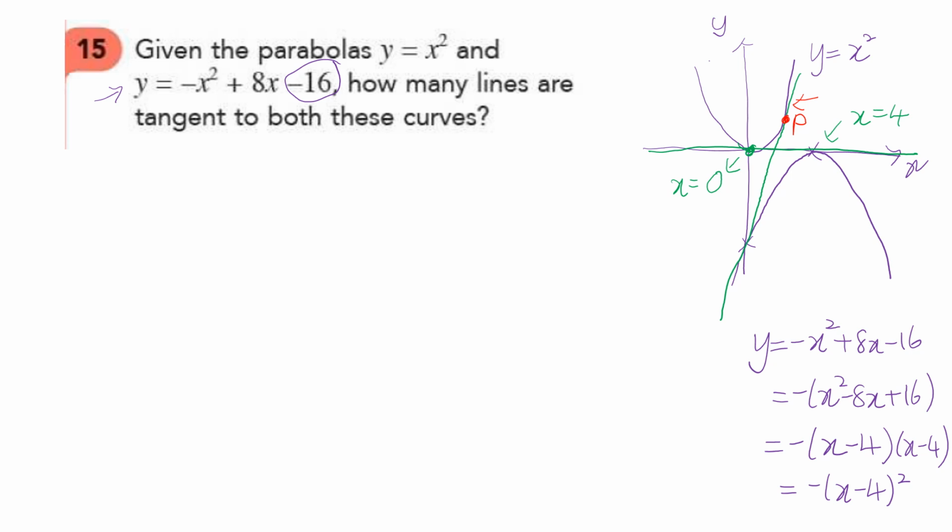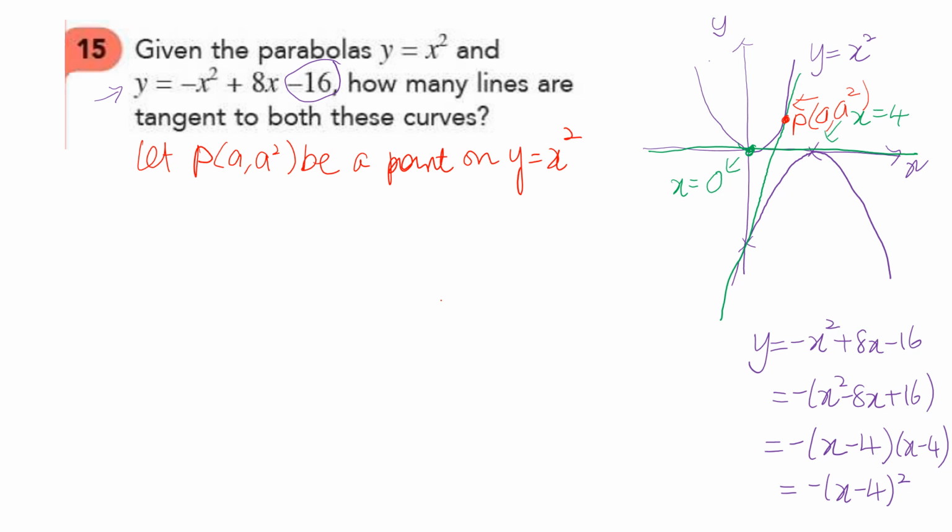So let's have a point P there, and let the x coordinate be a. When you substitute x to be a, then a squared will be your y coordinate. So the first step is let P be a point on y equals x squared.